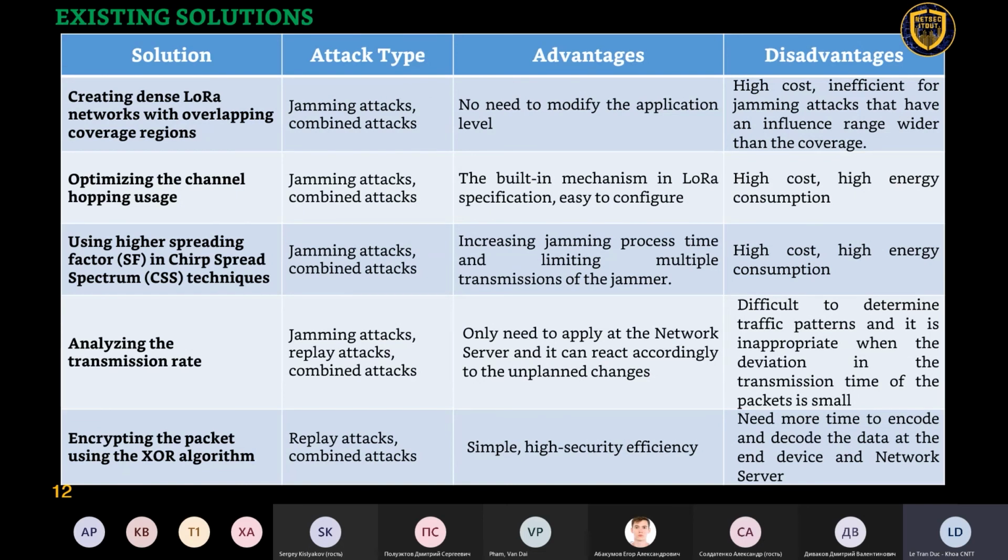They sometimes can prevent jamming attacks, sometimes prevent replay attacks, and maybe they can prevent the combined attacks. But please remember that there is no solution for all the attacks, and it leaves room for our future research.